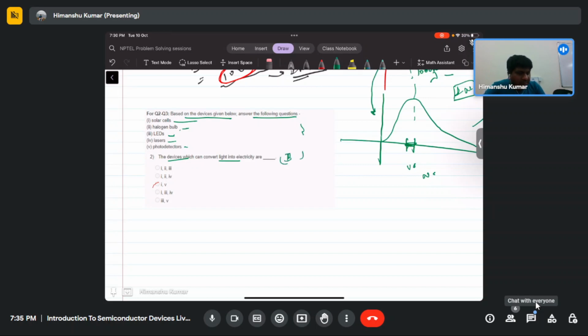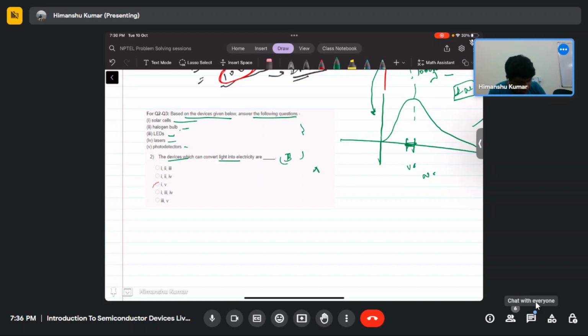And the halogen bulb is basically the reverse. When you pass electricity, you heat up the filament and it emits radiation in the visible range. So the second is not correct.